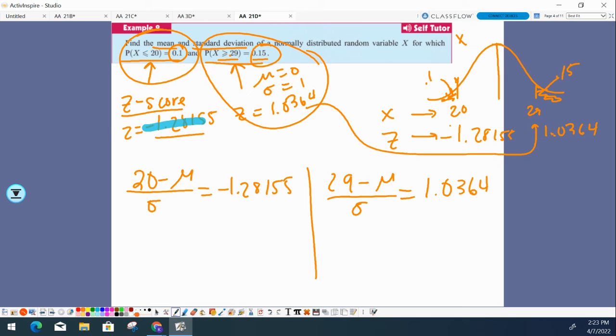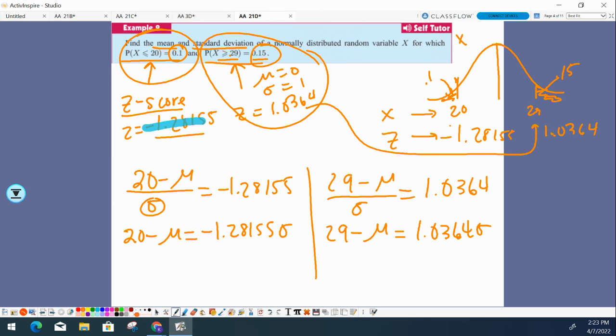So the first thing I'm going to do is multiply both equations by my standard deviation. So I get 20 minus mu equals negative 1.28155 standard deviation sigma. Same thing over here. 29 minus mu equals positive 1.0364 sigma.